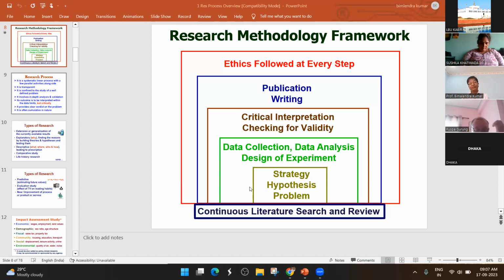And before submission of the thesis, a research scholar is also supposed to submit two research papers to be published in any refereed journals or peer-reviewed journals. And in all of this, from the literature review till the submission of the thesis, there must be ethics.